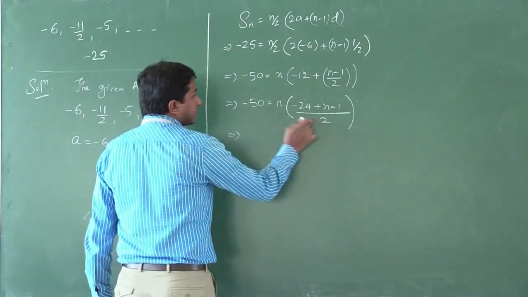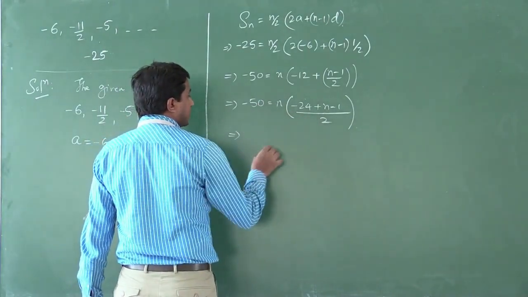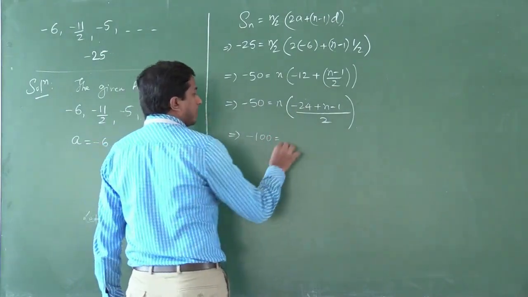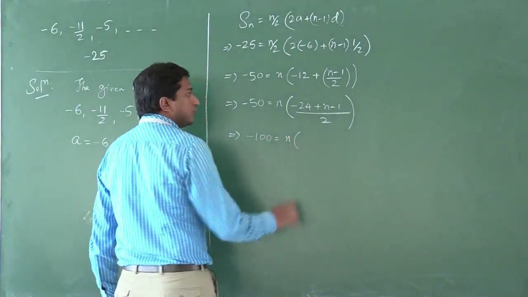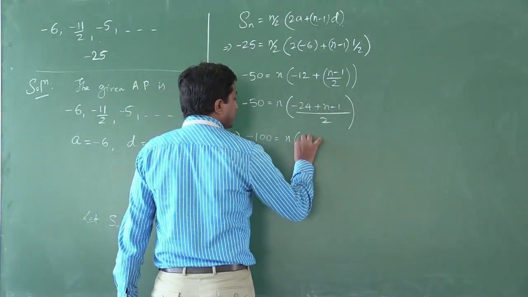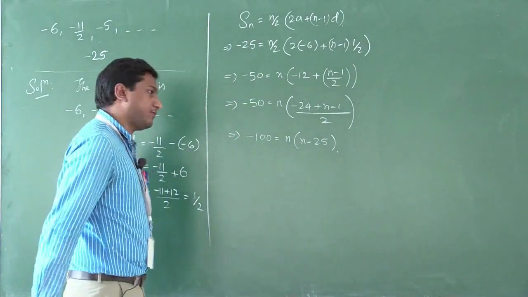Okay. Taking this 2 to the LHS, what happens? Minus 50 into 2 is minus 100 equals n into minus 24 minus 1, which is minus 25. So this becomes n minus 25.